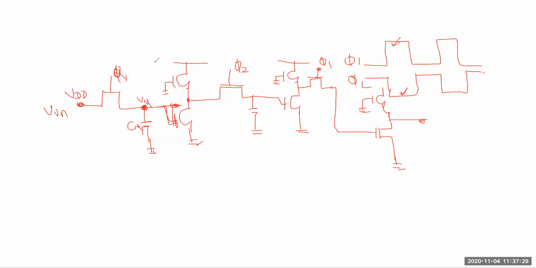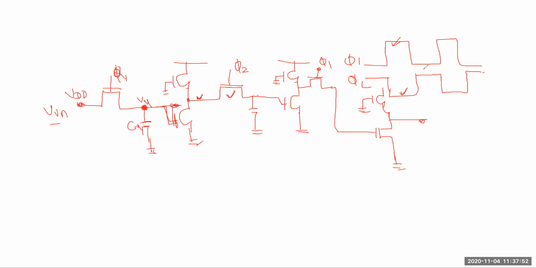See, when phi 1 is 1, this is on and this is off, and this is on again. So whatever is here will pass to here, and this signal will be inverted to this point. At that point, that is off, so it will not pass to here.